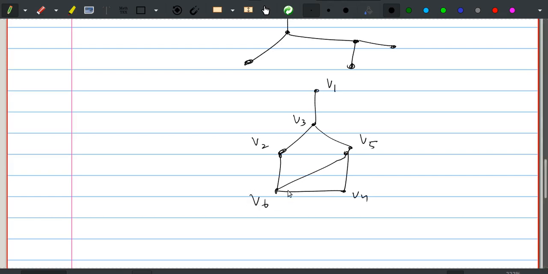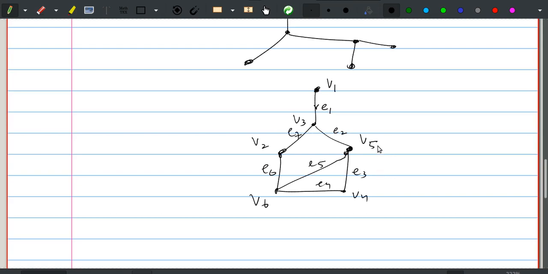Now a path between two vertices is actually an alternating sequence of vertices and edges, and this sequence starts with a vertex. So if we look at the vertices v1 and v5, let us also mark these edges. So this is edge e1, this is edge e2, e3, e4, e5, e6 and e7.